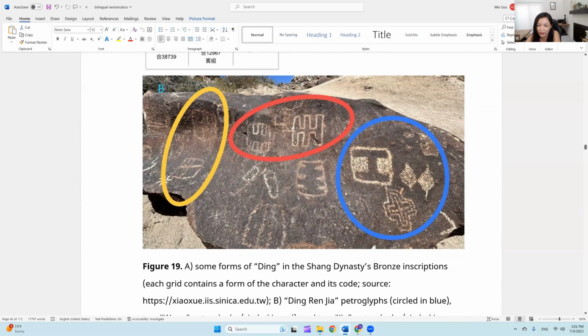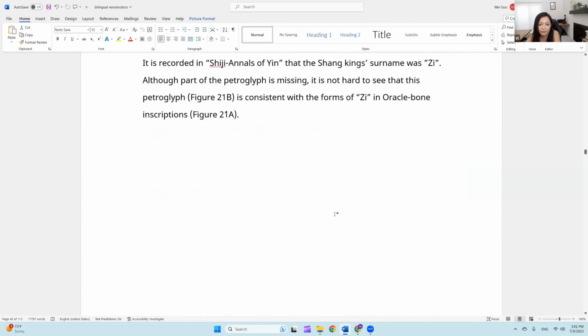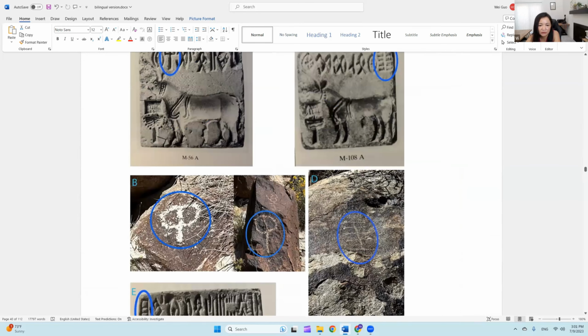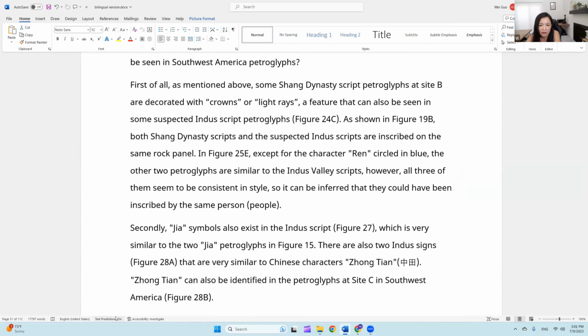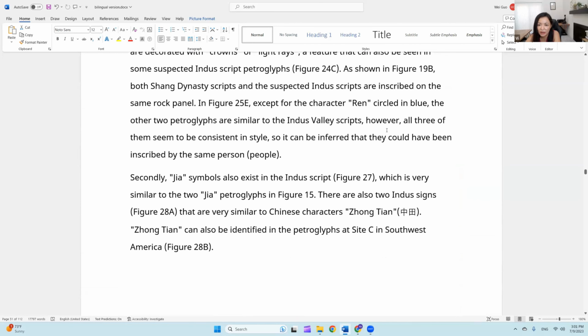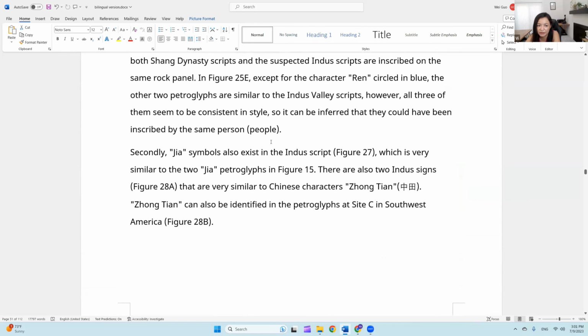But this one looks like an Indus sign, with three teeth on each side. However, all three of them seem to be consistent in style, so it can be inferred that they could have been inscribed by the same people or person.